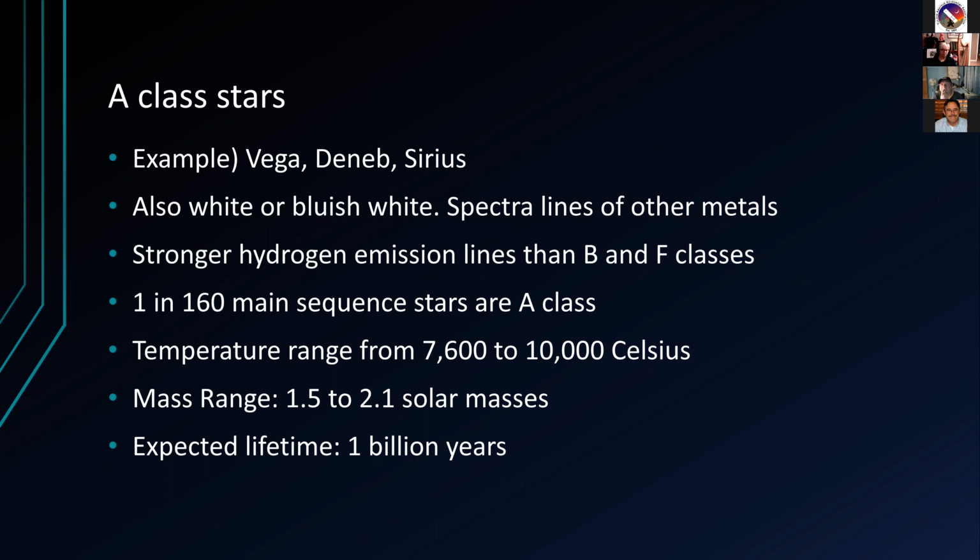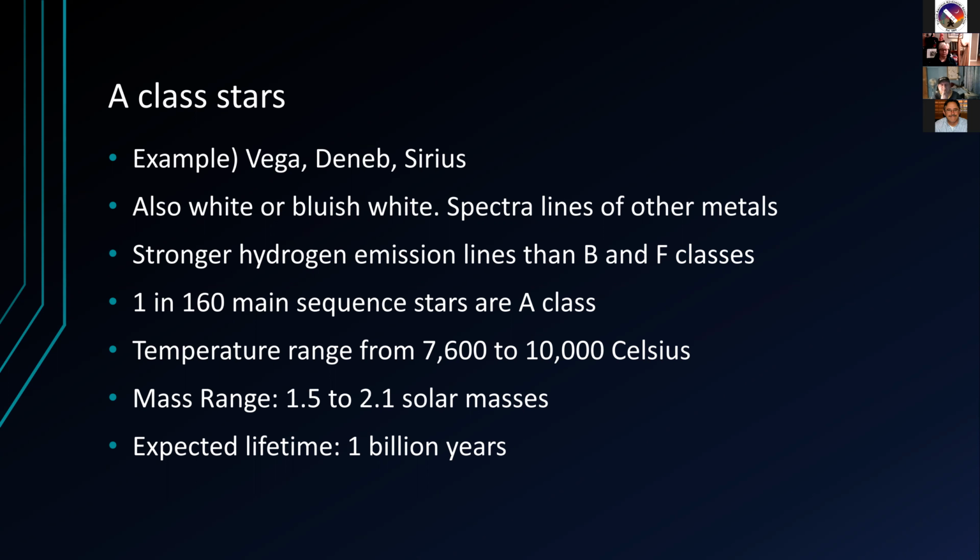The main differentiator between an A-class star and a B-class star is because these stars are a little bit cooler and they have an extended lifetime, you start getting the presence of other metals in the star's spectrum, such as carbon, titanium, and a couple of others. These stars also have a significantly stronger hydrogen emission line compared to the other stars around it.